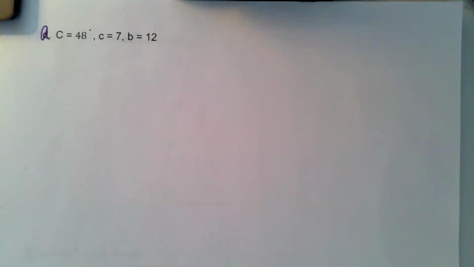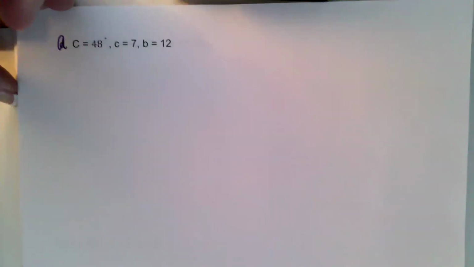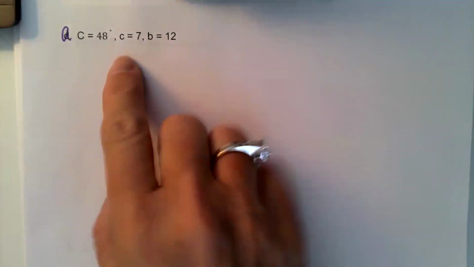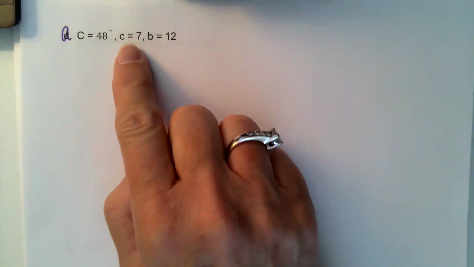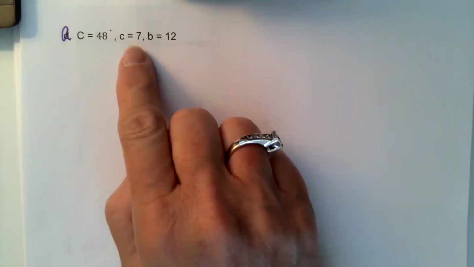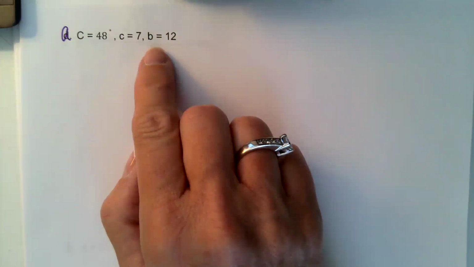Example A says we have angle 48, the side opposite 48 is C, which is 7, and side B is 12.